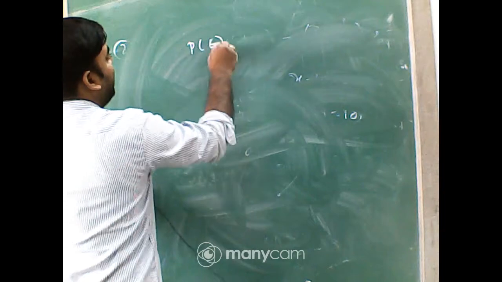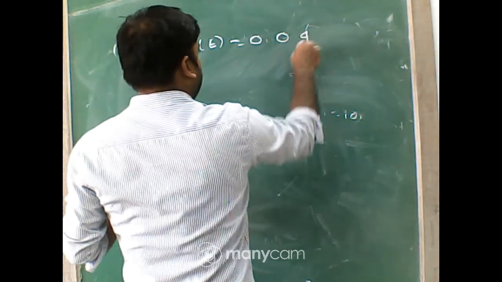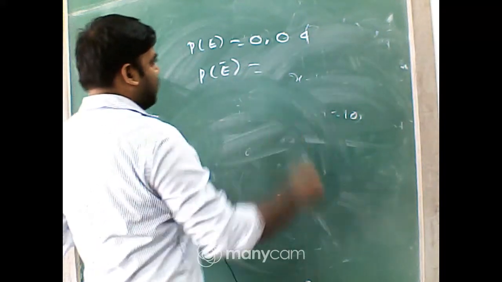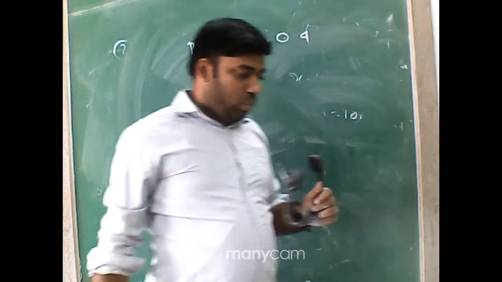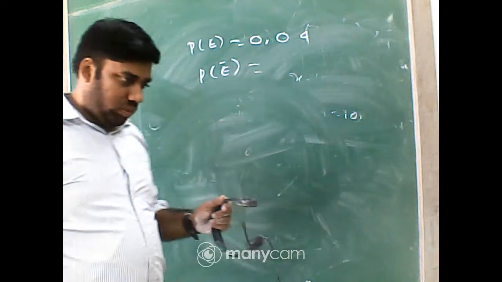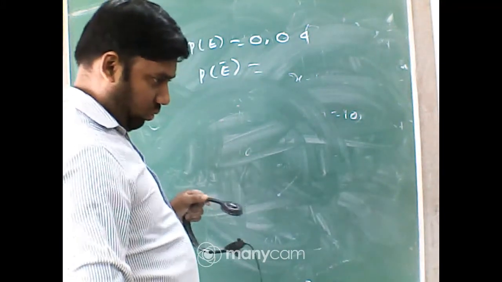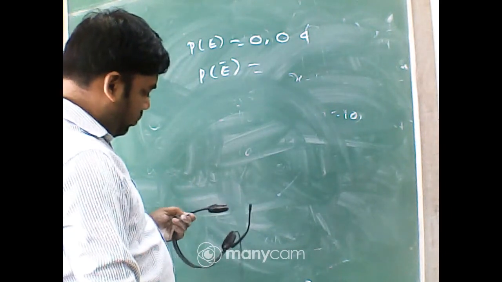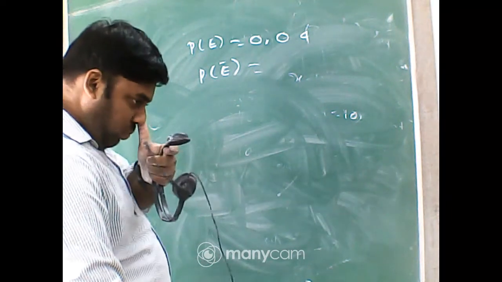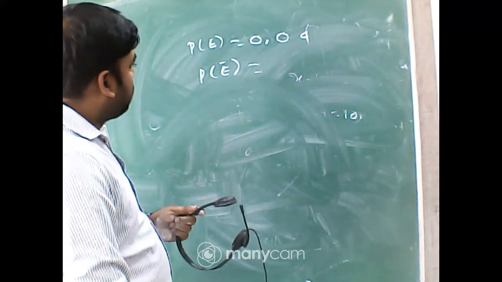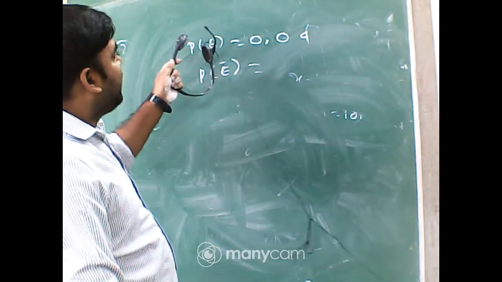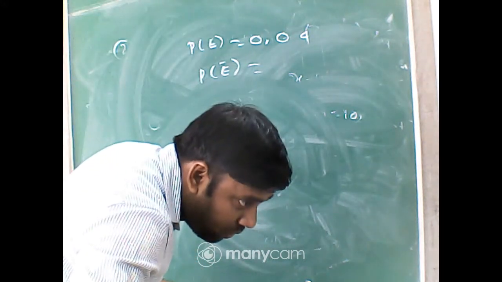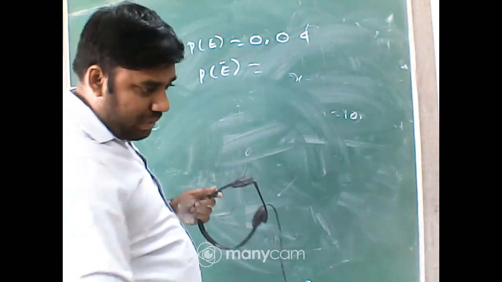The probability of any event E is 0.04. What will be the probability of this event's complement? Quickly answer. E bar, probability of E is 0.04, probability of E bar 0.96. Anyone else?